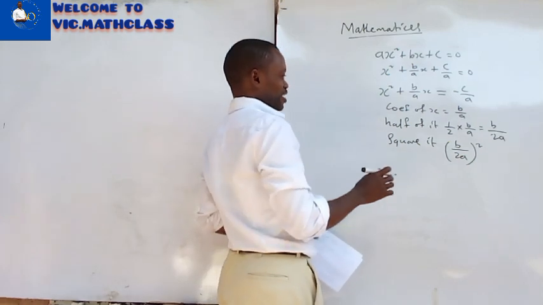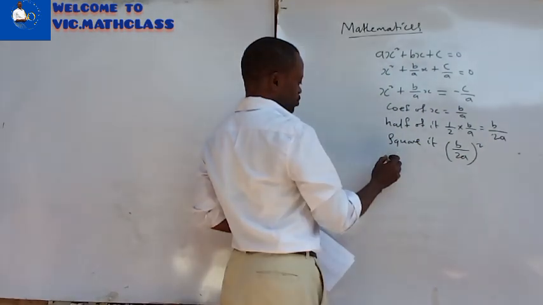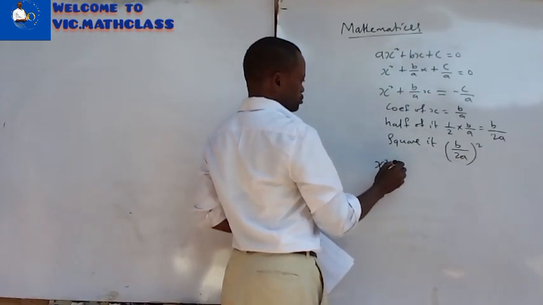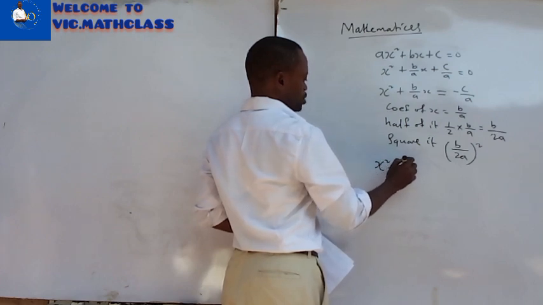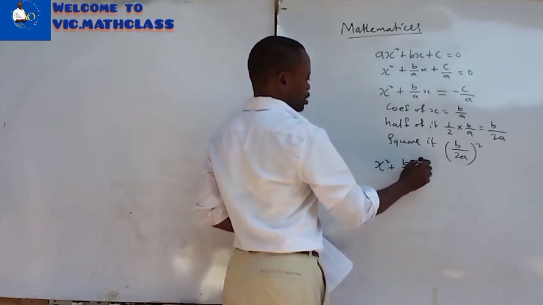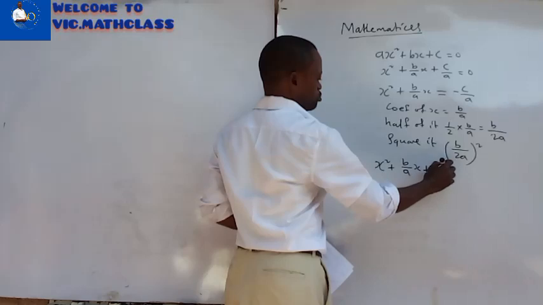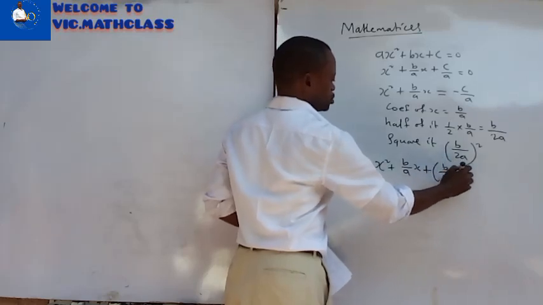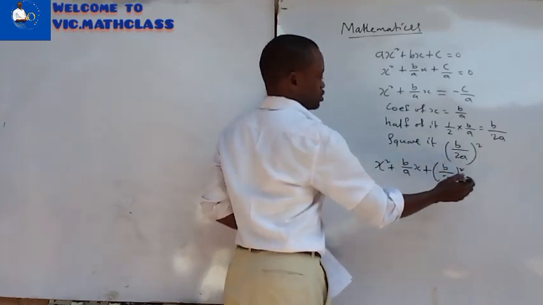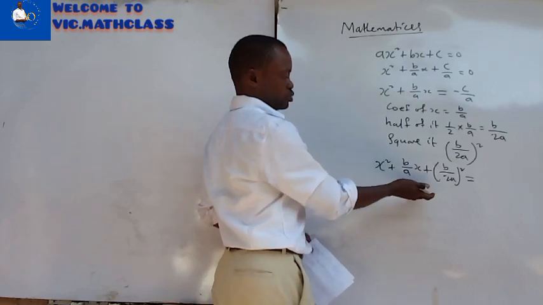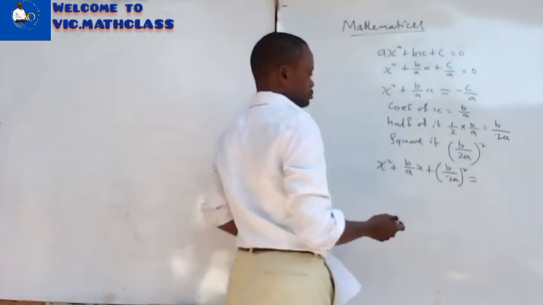See how good it is? All right, let's go. We have x squared plus b over a x, then plus b over 2a squared. Then this is now a perfect square. I can now write it as a product of 2 factors that are the same.